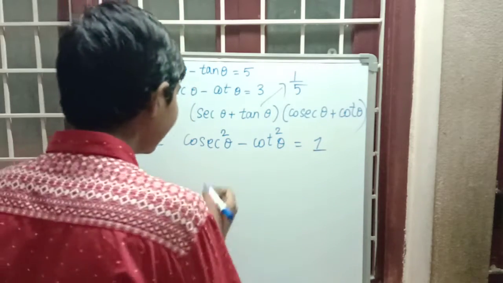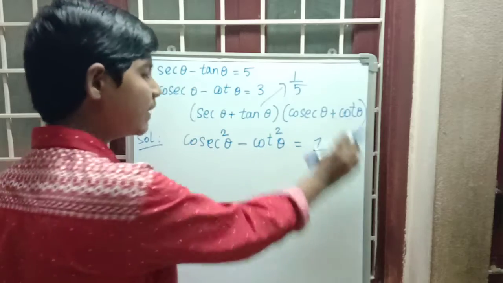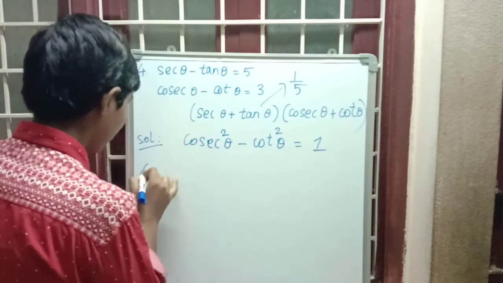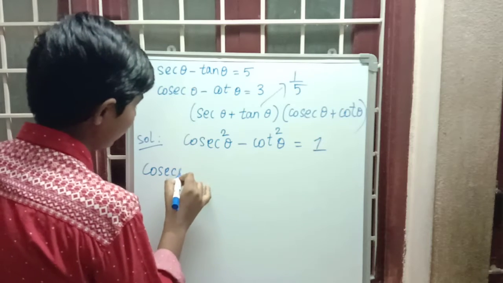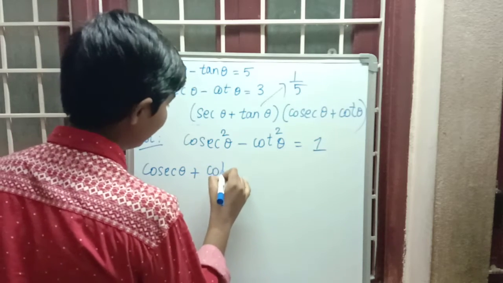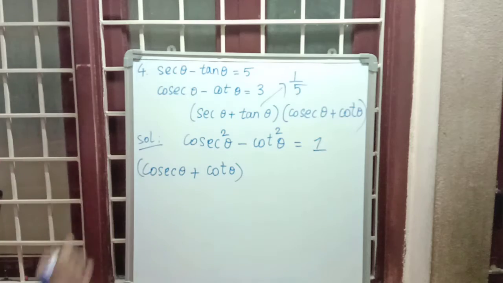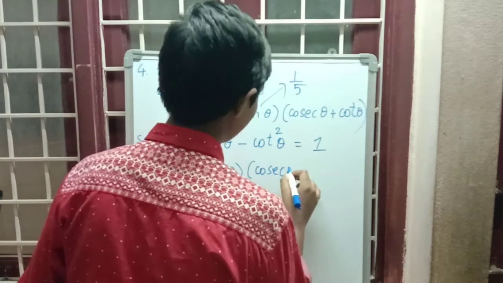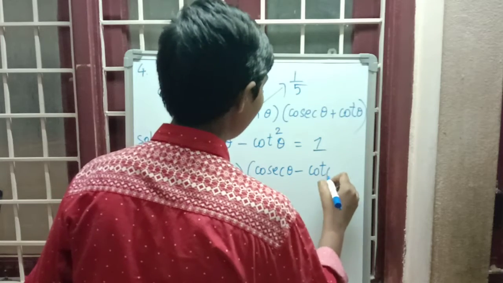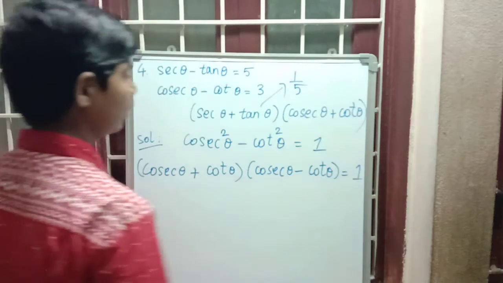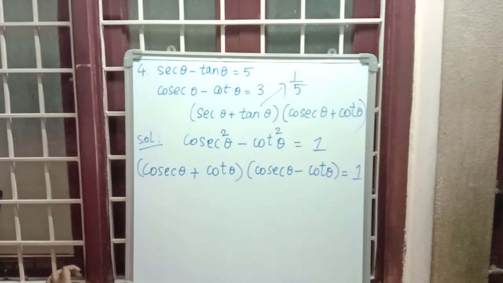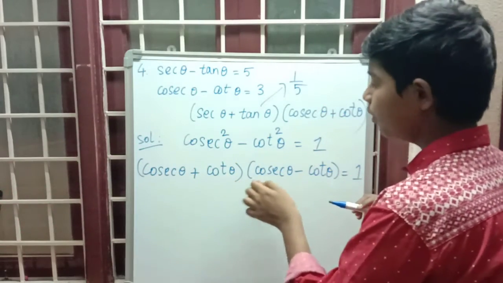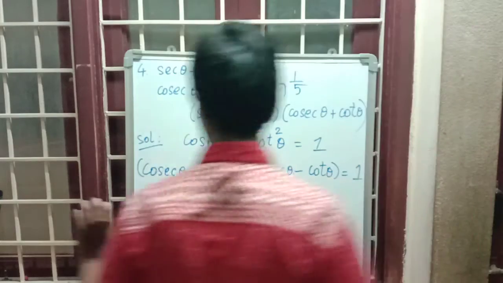Again this is in the form of a square minus b square, so we can write it as a plus b into a minus b. So cosecant theta plus cot theta into cosecant theta minus cot theta is equal to 1. This is the direct formula.